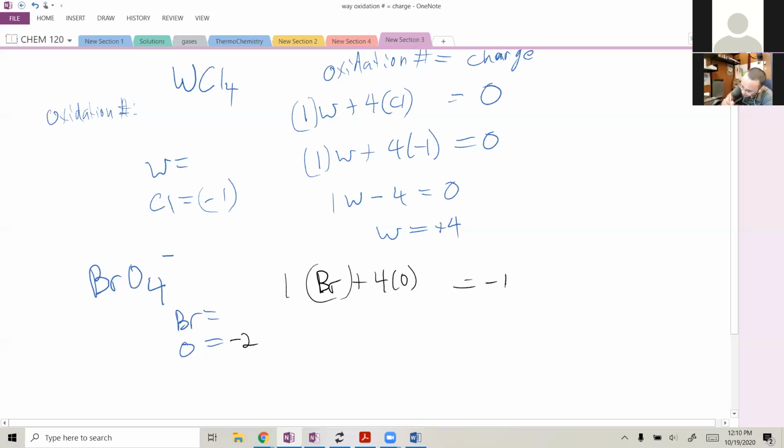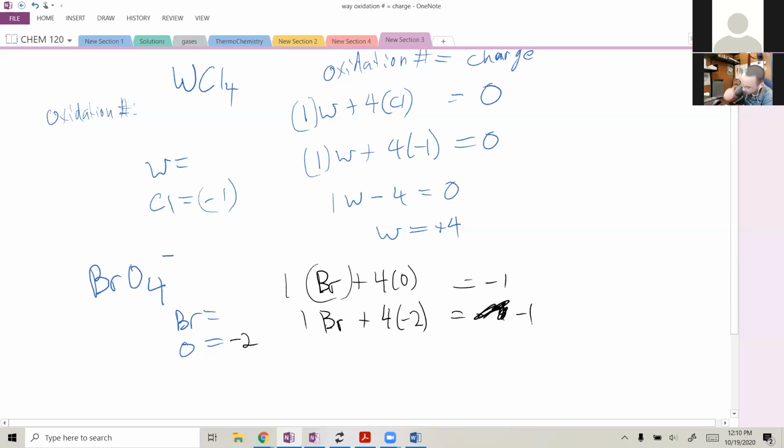So that means that we're going to have 1 bromine that should be equal to almost all of the charge of those 4 oxygens. And so we said that the oxygen should be a -2. Sorry, too many minuses there.